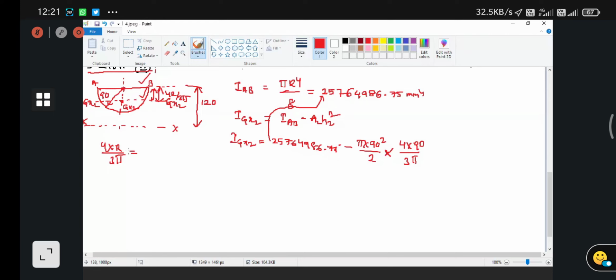So tell me the answer. 4 into 90 over 3 pi. I think I am going to get the exact value of 38.197186. Okay, that is the distance.